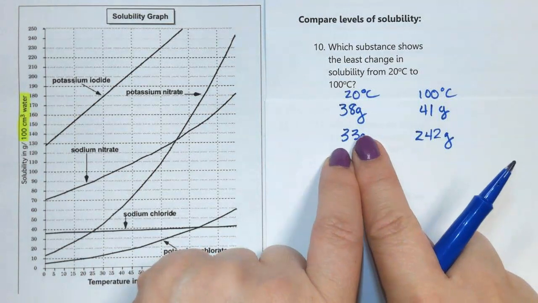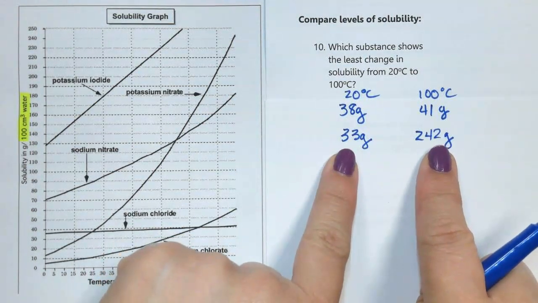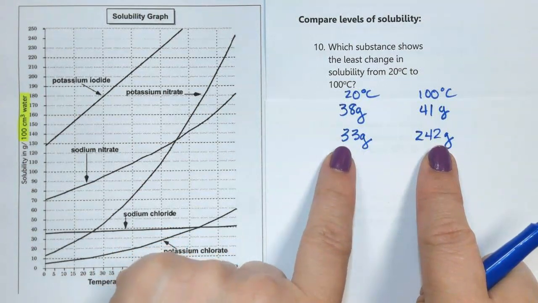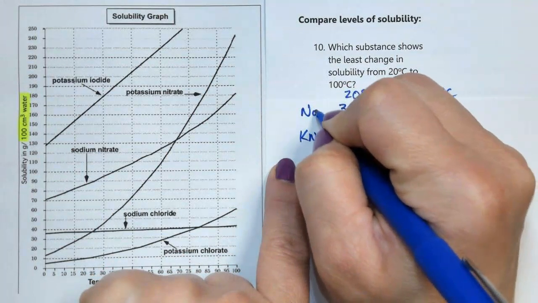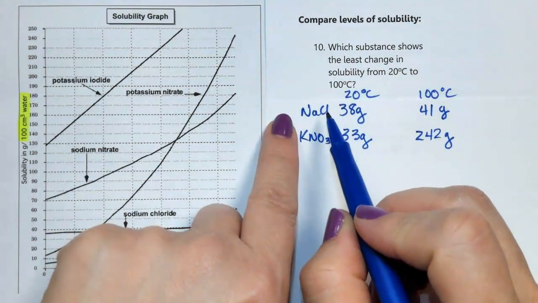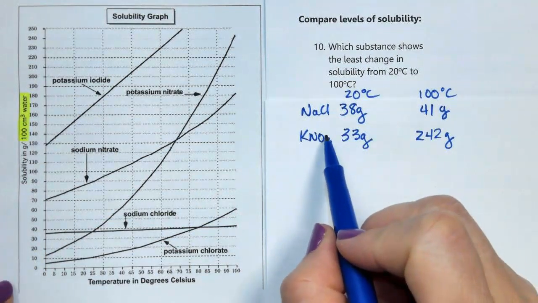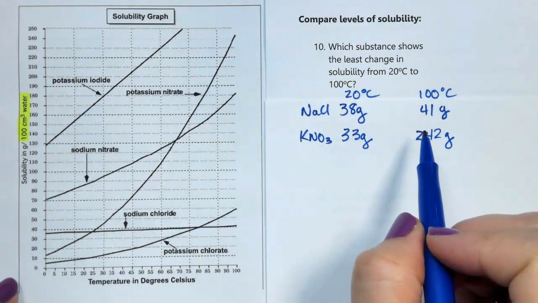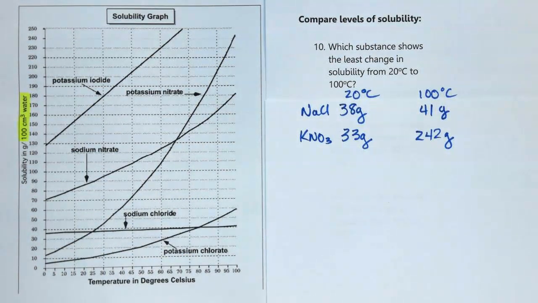We can dissolve a huge amount more if we heat the water to 100 degrees for the potassium nitrate than we could for the sodium chloride. So sodium chloride has the least change in its solubility, and we can say safely that potassium nitrate has the most change in its solubility from before and after with those two temperature ranges.